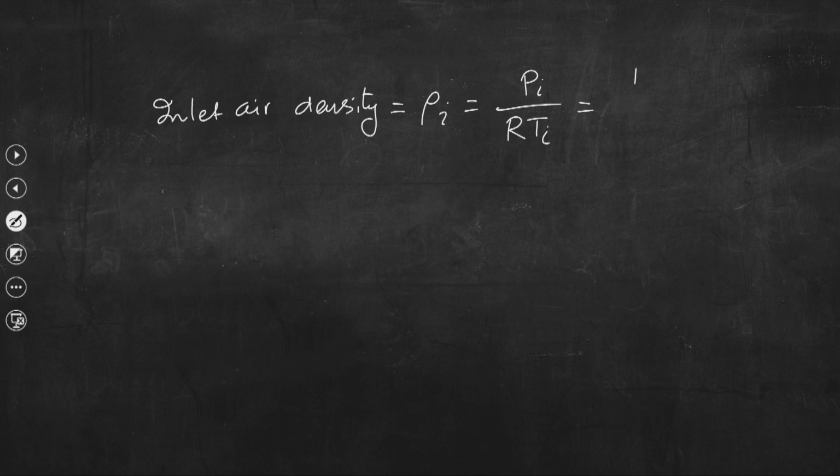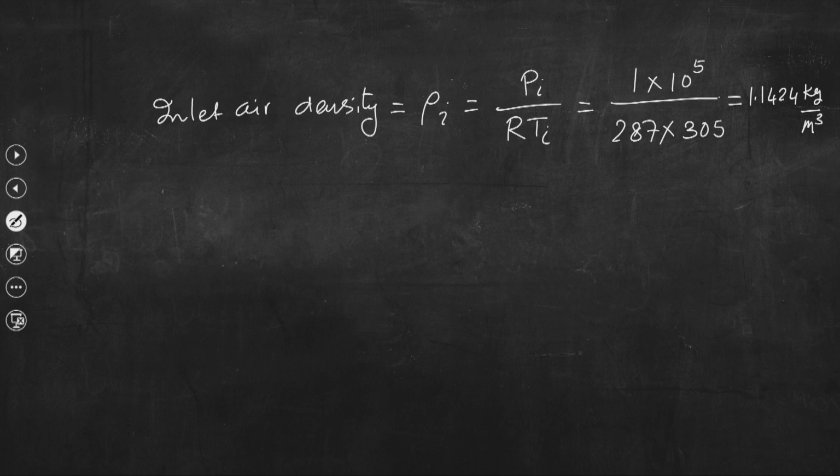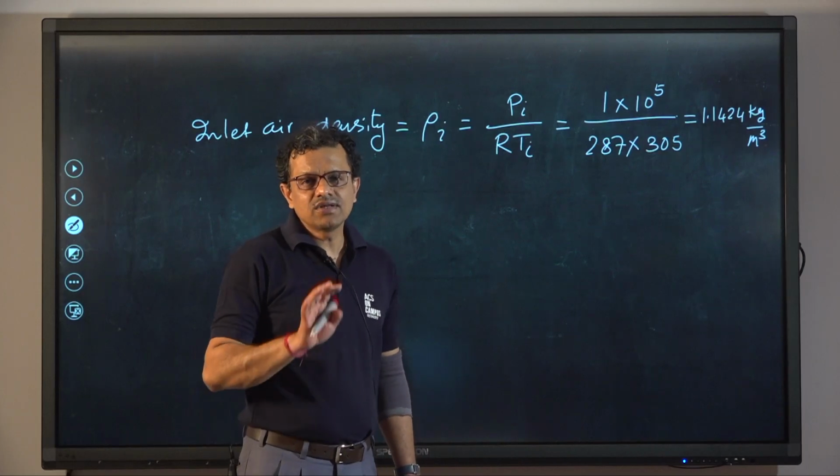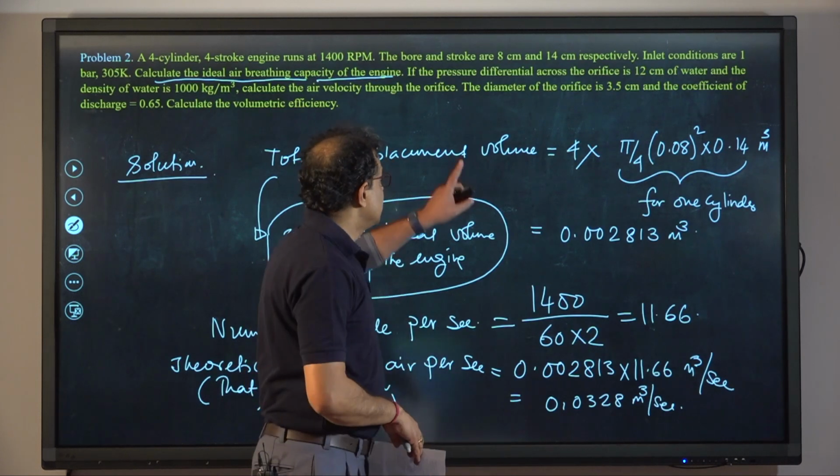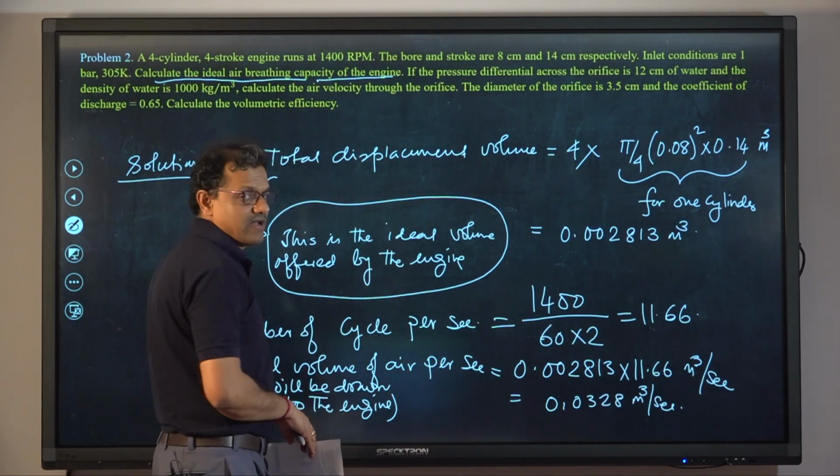Pi is given as 1 bar, that is 10 power 5 Pascal, divided by R, which is 287, and Ti is 305 Kelvin. That is coming as 1.1424 kg per meter cube. The unit is very important. So, we have calculated the density of incoming air based on the inlet conditions given in the problem statement, 1 bar and 305 Kelvin.